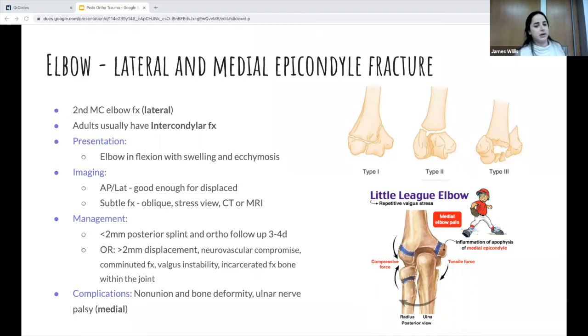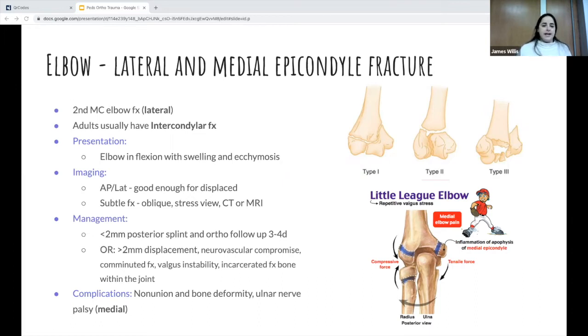You can also do oblique views, stress views, and CT or MRI if you're concerned about intra-articular fractures. Management, if it is less than 2 millimeters, then you can just do splint and ortho follow-up. If it is more than 2 millimeters or it has neurovascular compromise, comminuted fracture, or incarcerated bone, meaning bone within the joint, then this needs to be seen by ortho for possible surgery.